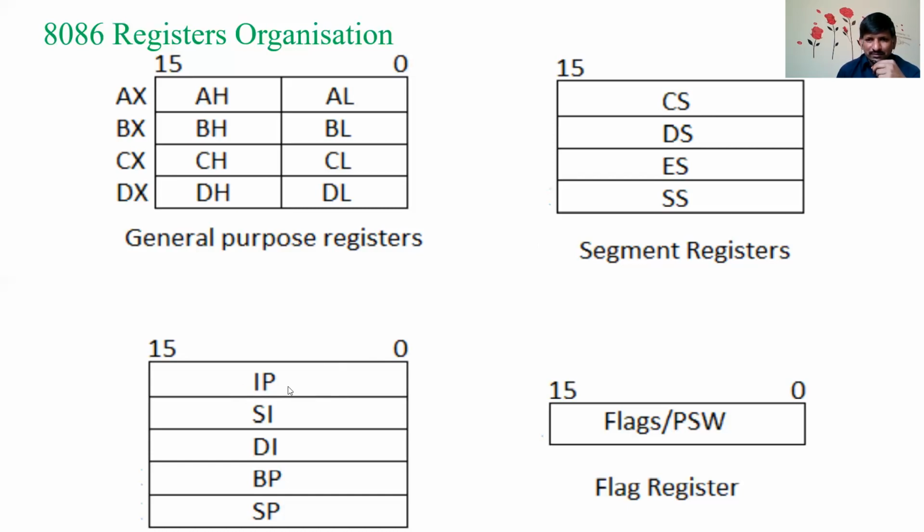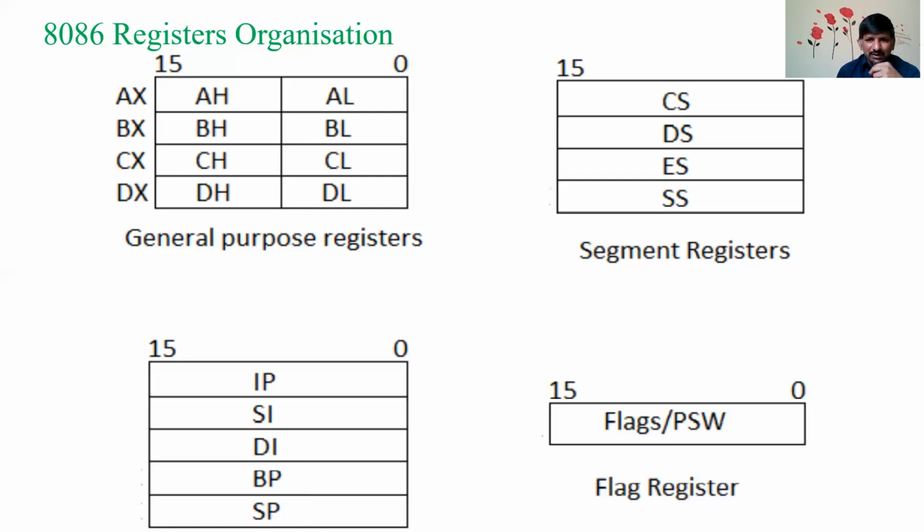Next, source index is used to store the offset address of the input data. Similarly, destination index register, DI register, is used to store the offset address of the output data. Similarly, base pointer stores the offset address of the base register. Similarly, stack pointer stores the offset address of the stack information.